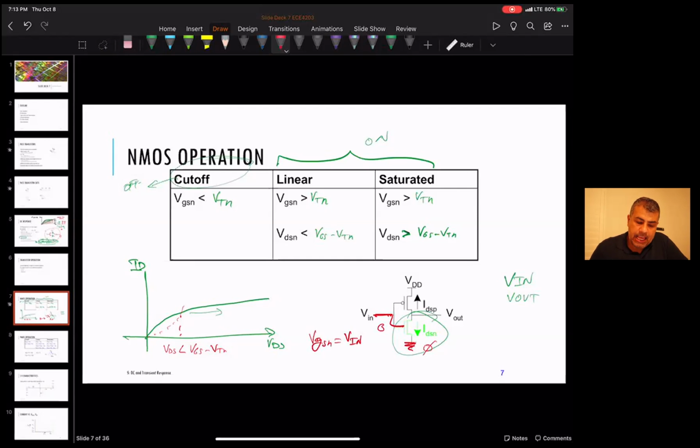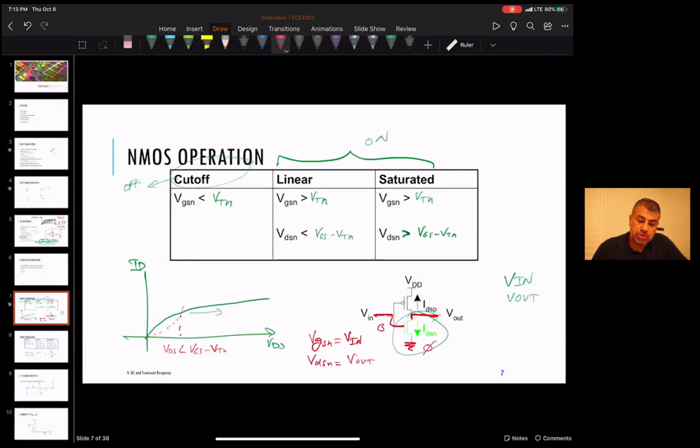And the drain-source voltage, VDSN: the drain just goes to V out, and the source is ground again, so that's just equal to V out.